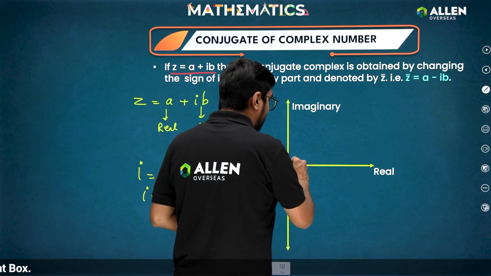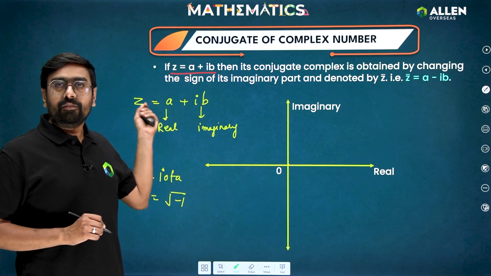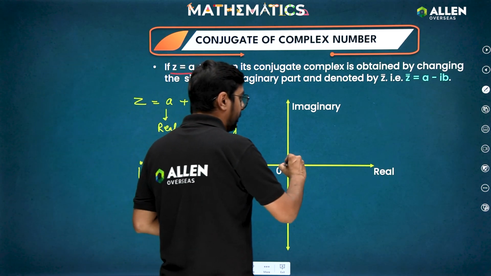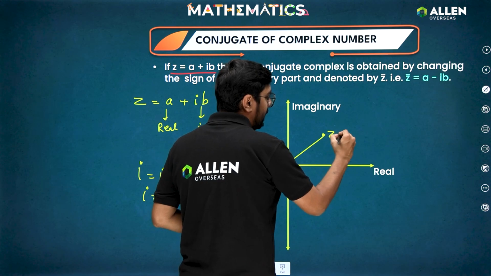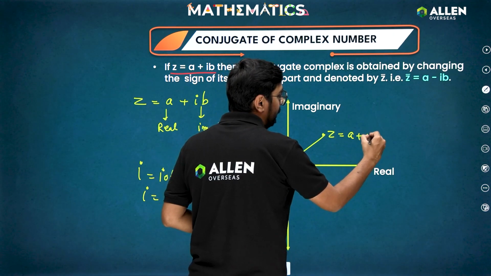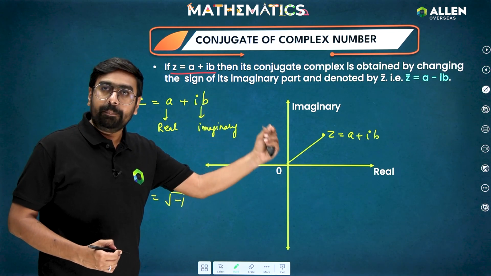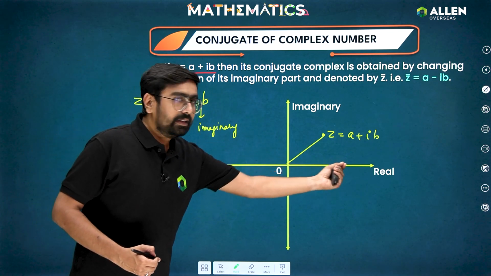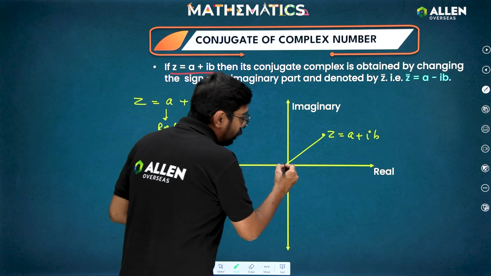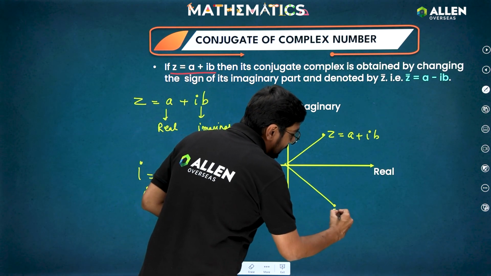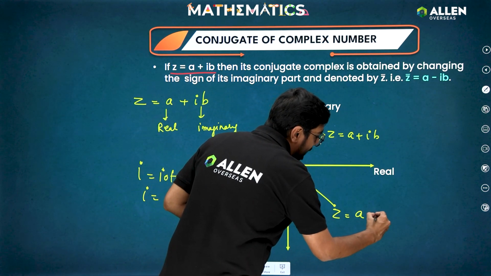Now what is the conjugate of a complex number? If I am representing z, which is a plus ib, on the number plane, then its conjugate will be the image of z in the real axis. The image will be a minus ib.